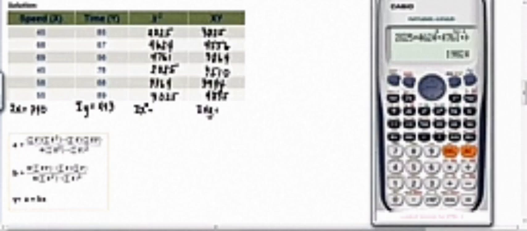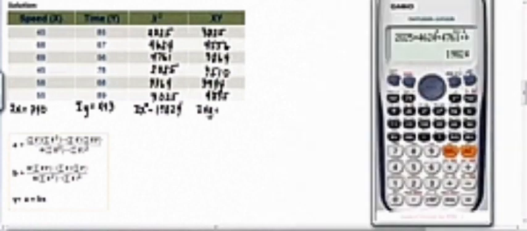So, 19,824. And then the last one is the summation of xy. So, 3825 plus 4556, 3864, 3510, 3944, 4895. So, the answer is 24,594. Okay, after that, we will be solving for the values of A and B.